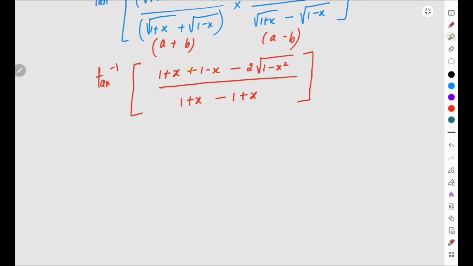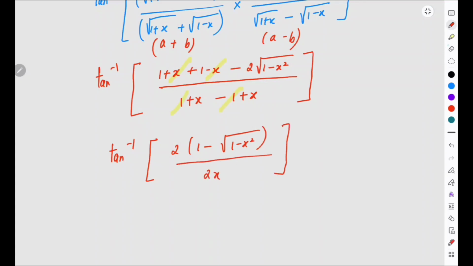So here you can easily cancel plus x and minus x, and here you can cancel plus 1 and minus 1. And if you add them, you get tan inverse of 2 times 1 minus root of 1 minus x square divided by 2x. So now for further simplification, you can cancel 2.